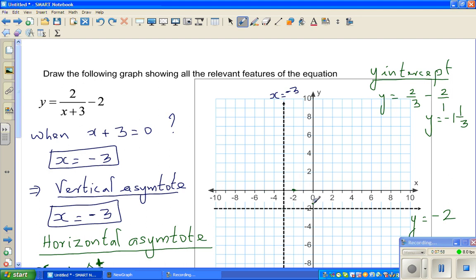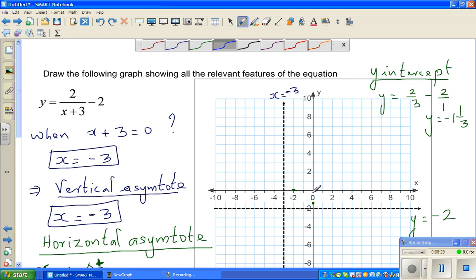These are the two points which will give you the shape of the graph. We know when x is approaching positive infinity, y will be approaching negative 2 from above. I can also explain what happens when x is approaching negative 3 from the right and left, but it'll take too much time.